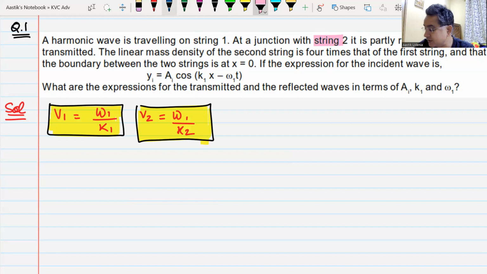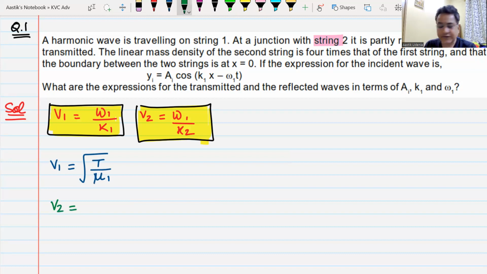We did read this formula: the velocity of a wave on a string is given by the formula square root of T by mu. Mu1 is the mass per unit length in the first medium. The speed of the wave in the second medium, because the tension is going to remain the same, will be given as square root of T by mu2.